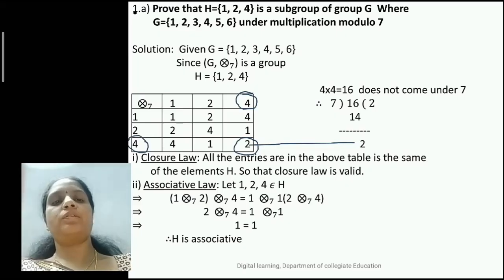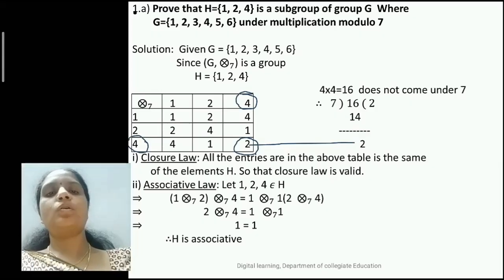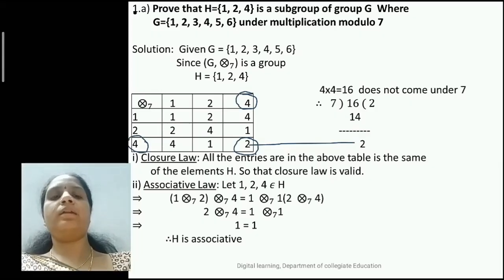With the operation, on the LHS side, 1 into 2 is 2, and 2 into 4 becomes 8, which with the difference of 1 under multiplication modulo 7 gives 1. On the RHS side, again 1 multiplication modulo 7 with 1, so 1 into 1 becomes 1. So on both sides we got 1. Therefore H is associative here.